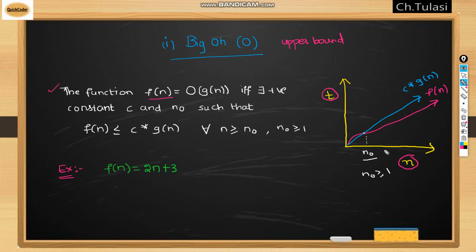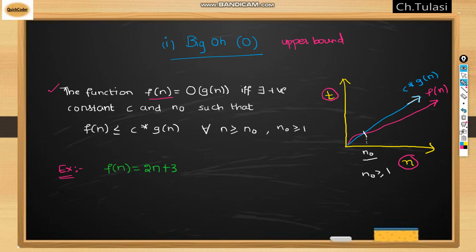From here onwards, I started drawing the upper bound c into g of n. This tells us your algorithm will not exceed this upper bound, however large the input size.